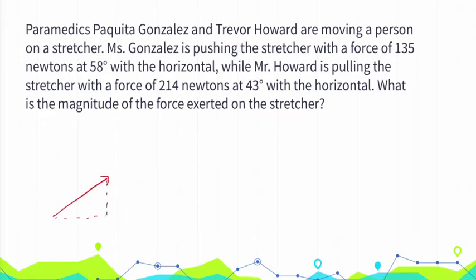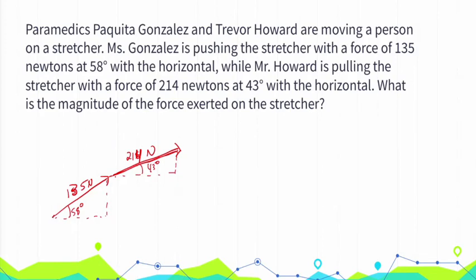This is the first vector with a force of 135 newtons, and that makes 58 degrees with the horizontal. Mr. Howard is pulling at 214 newtons and makes an angle of 43 degrees with the horizontal.